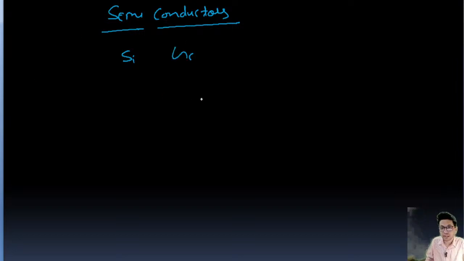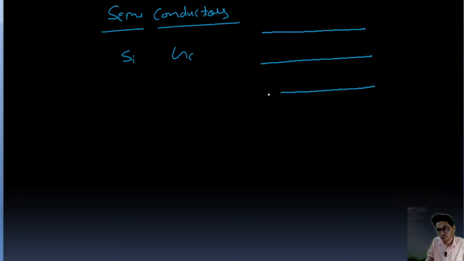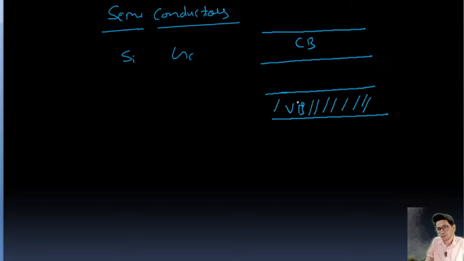In semiconductors, there is a conduction band. This is the conduction band, this is the valence band, and this is the energy gap.